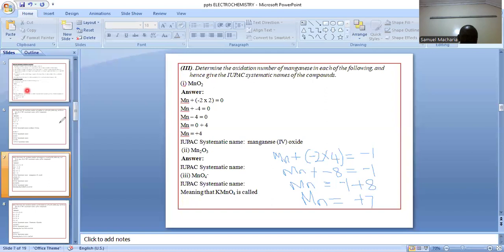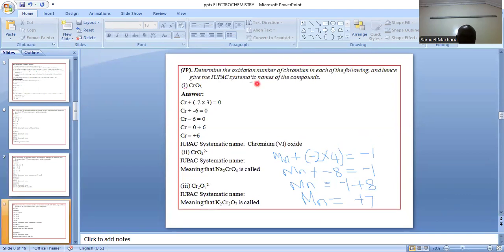Let's move on. I want us now to look at the fourth example. You're supposed to determine the oxidation number of chromium in each of the following substances. And similarly, you also give the IUPAC systematic name. The first one has been worked out for us. Sorry, let me go through it.